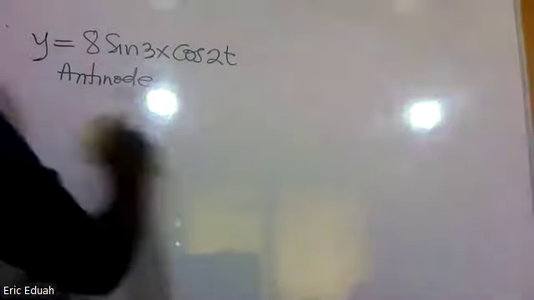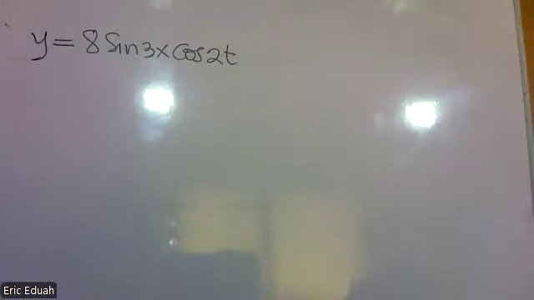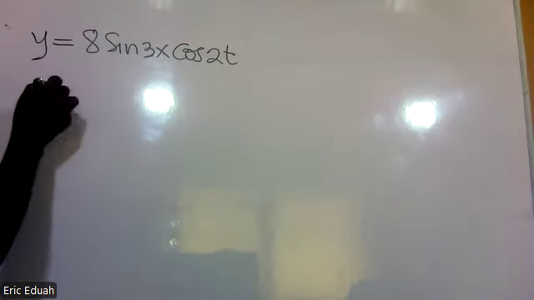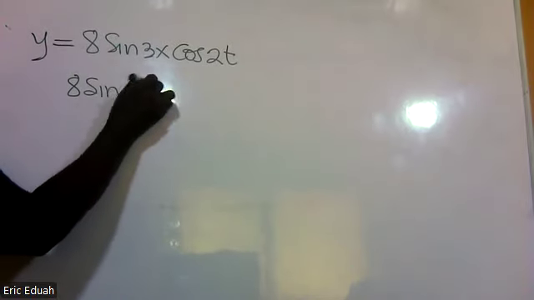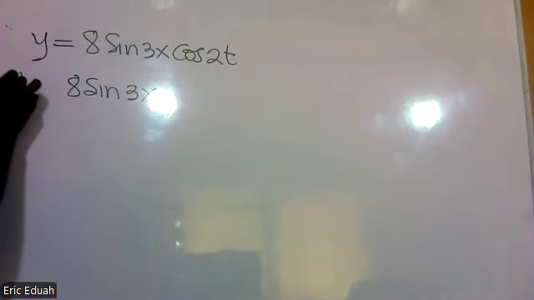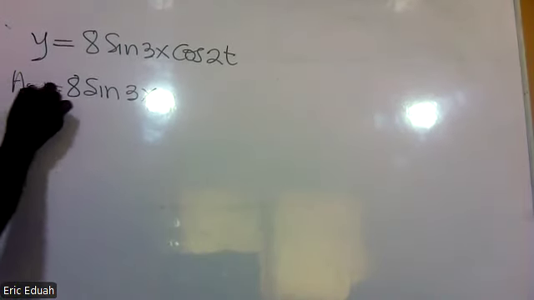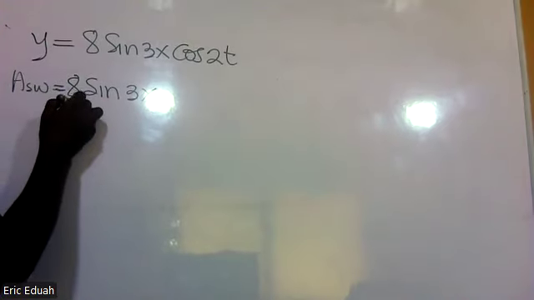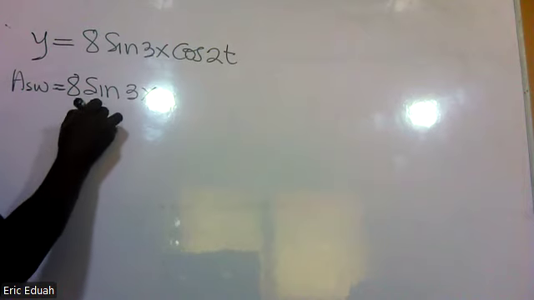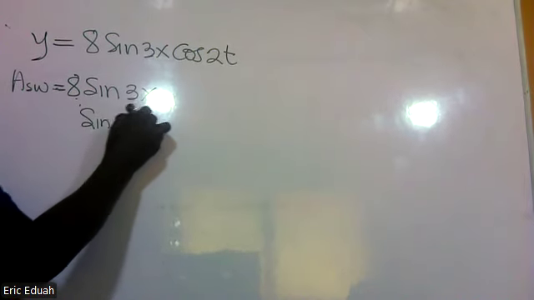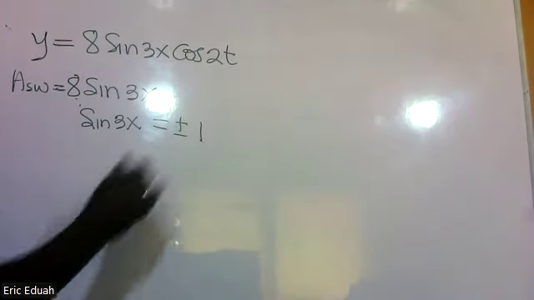So the amplitude of a particle located at the antinode, here we expect 8 sine 3x, which is the amplitude of the stationary wave. We can obtain an amplitude of plus or minus 8 when sine 3x is equal to plus or minus 1.